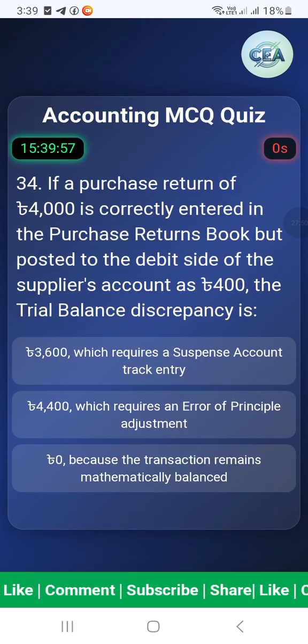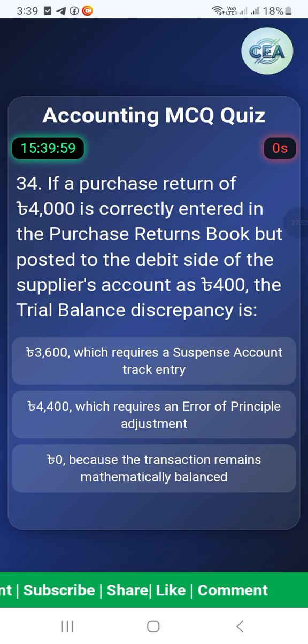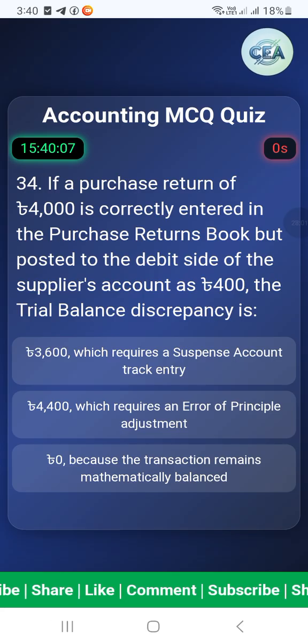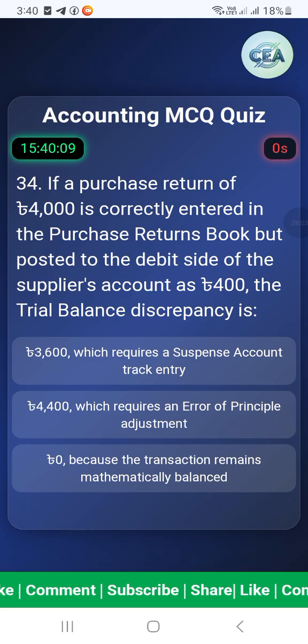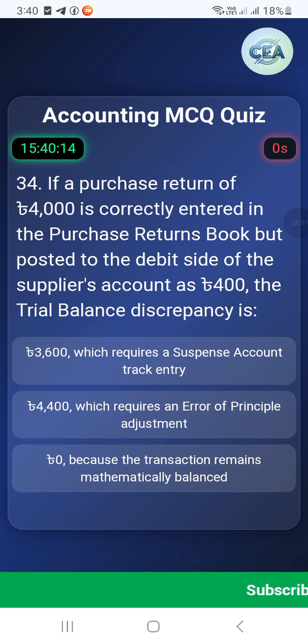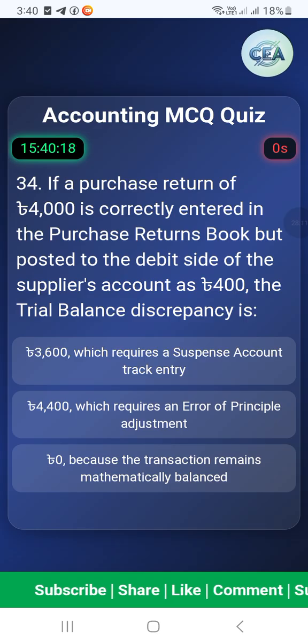34. If a purchase return of 4,000 takas is correctly entered in the purchase returns book but posted to the debit side of the supplier's account as 400 takas, the trial balance discrepancy is: Option 1. 3,600 takas, which requires a suspense account track entry.